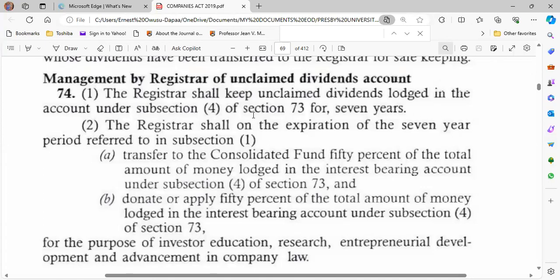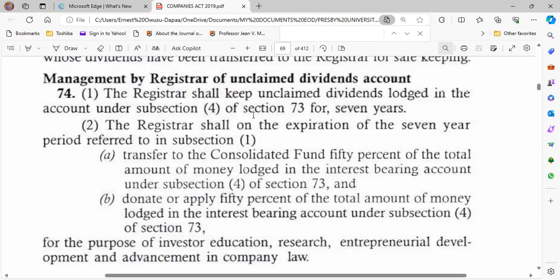So half of it should go to the consolidated fund. And the consolidated fund is a constitutional creation under the 1992 Constitution. One of the most important and permanent accounts of funds of Ghana, and it's out of which a lot of national expenditure is actually met.